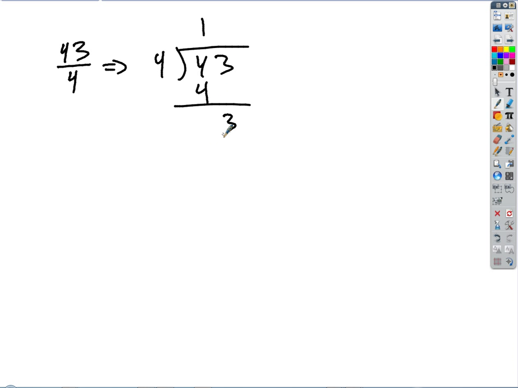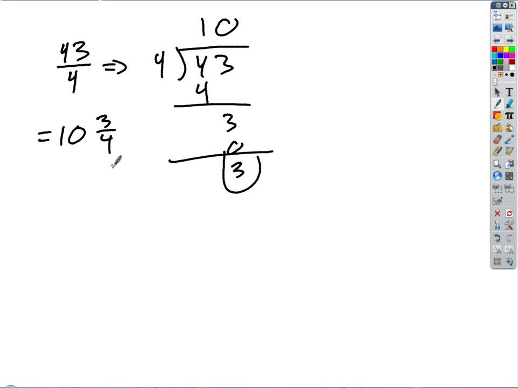Bring down the 3. Does it go into 3? 0 times, and if I subtract, I get 3 as my remainder. So my answer is 10 and 3/4. So is 4 a factor of 43? No, it's not, because it didn't divide in evenly. I had a remainder, right?